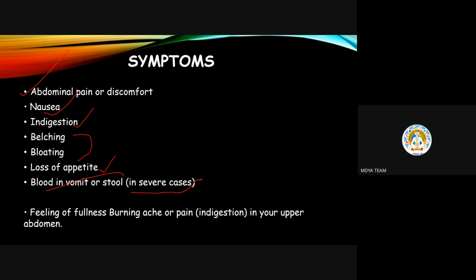Feeling of fullness, burning, ache. A burning sensation in your stomach, and fullness, that you always feel that your stomach is completely full and you don't want to eat anything. And pain in the upper abdominal region, which we'll see in the next disease, indigestion.